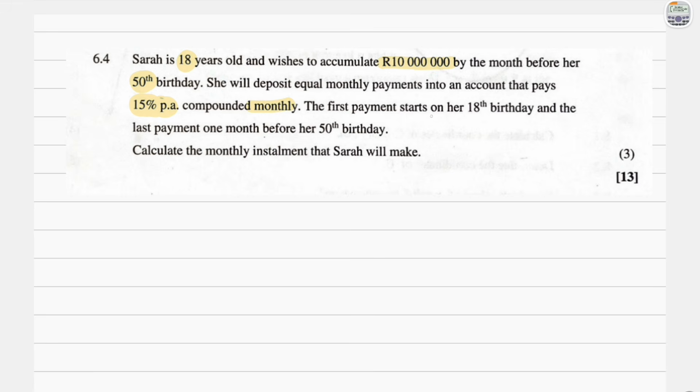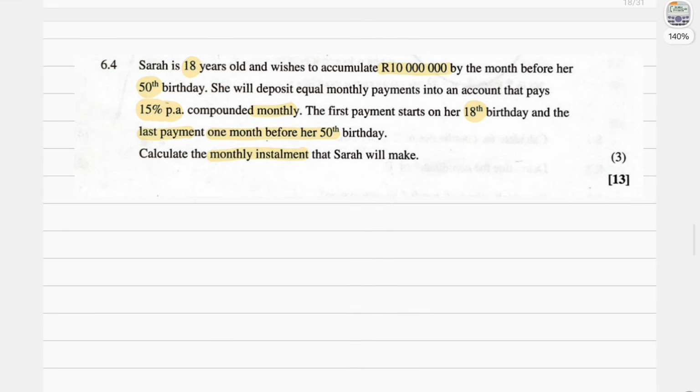The first payment starts on her 18th birthday and the last payment 1 month before her 50th birthday. But it's a payment though, so keep that in mind. Calculate the monthly installment that Sarah will make. So they want us to calculate the monthly installment that she's going to make.